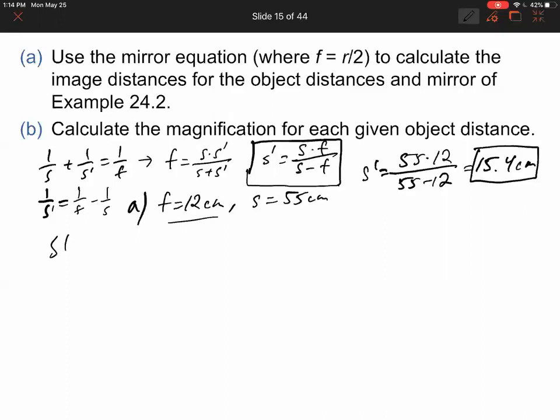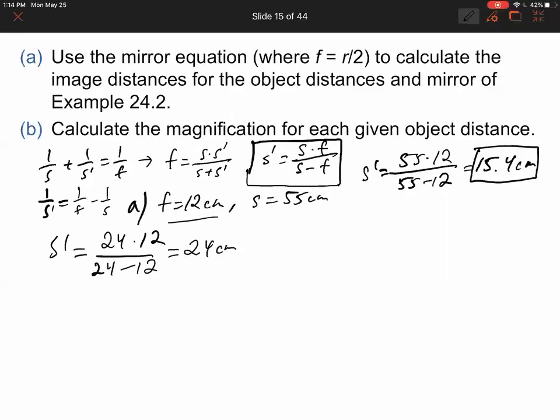The next one was for the position of the object at 24 centimeters. That means it's now 24 times 12 over 24 minus 12, and we get 24 centimeters.